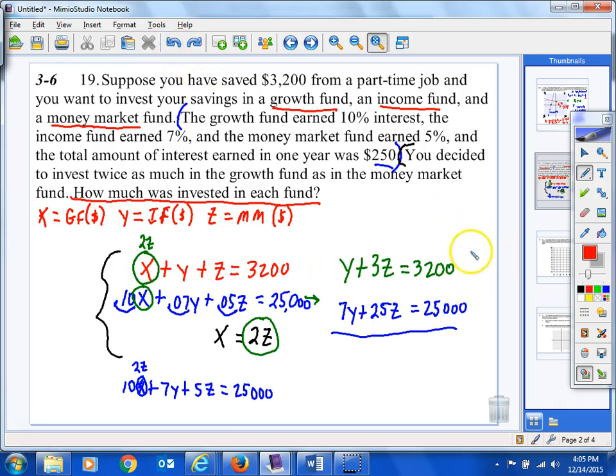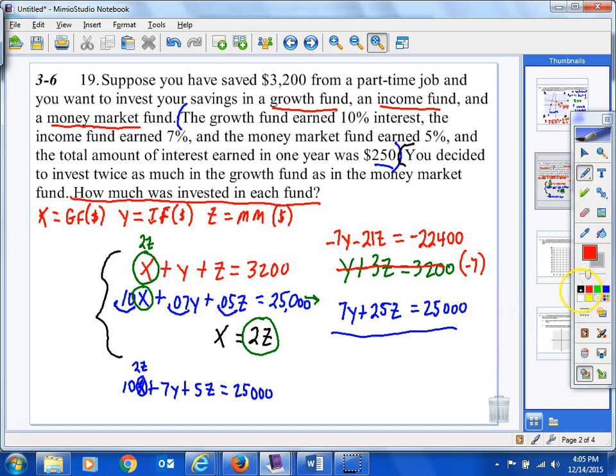I'll put that over here. All the way across, I'm going to multiply by -7, which makes negative 7y minus 21z equals negative 22,400. Okay, so that's the result of multiplying by negative 7.